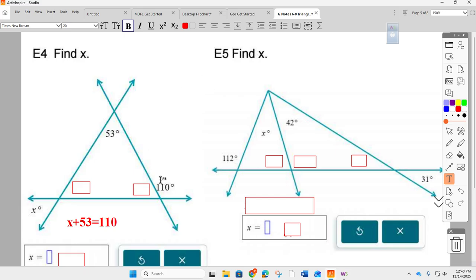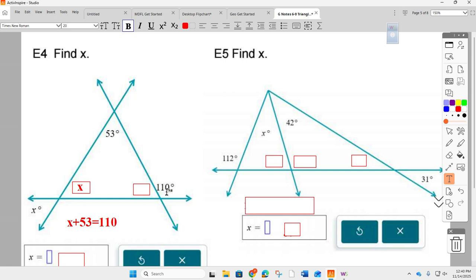So these are two remote angles, right? We don't know this one, but if this one is x, then this one is x as well, right? Because they're congruent. So this angle plus this angle, two interior angles that don't touch this angle, that makes them remote to that angle, right? So this angle plus this angle has to equal this one.